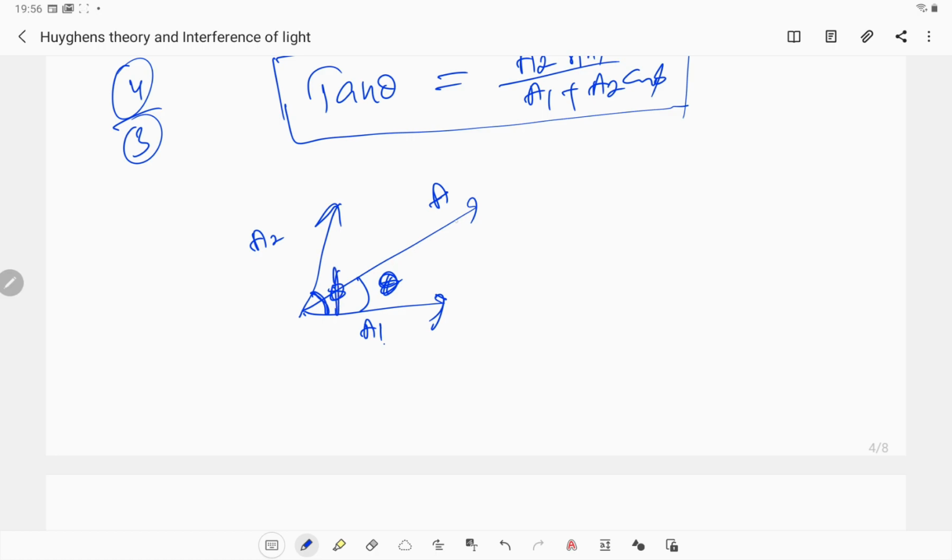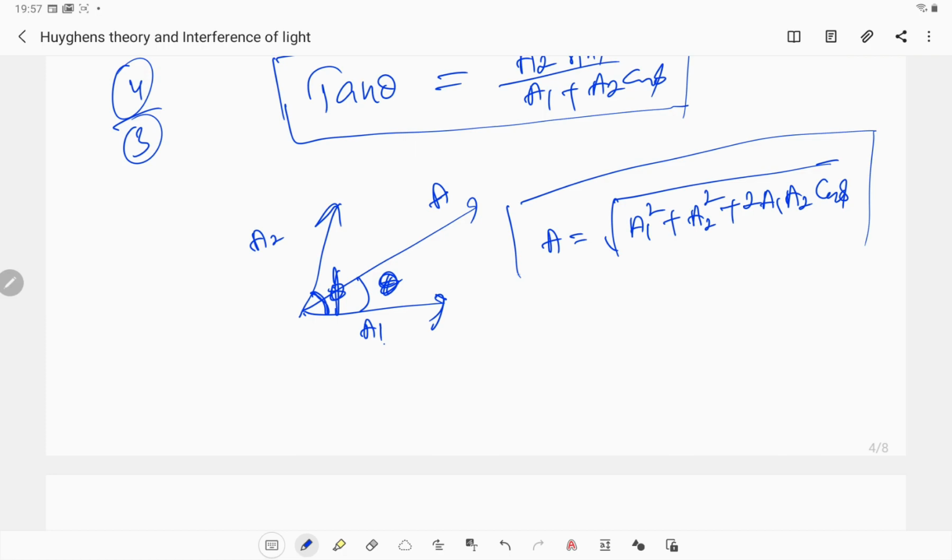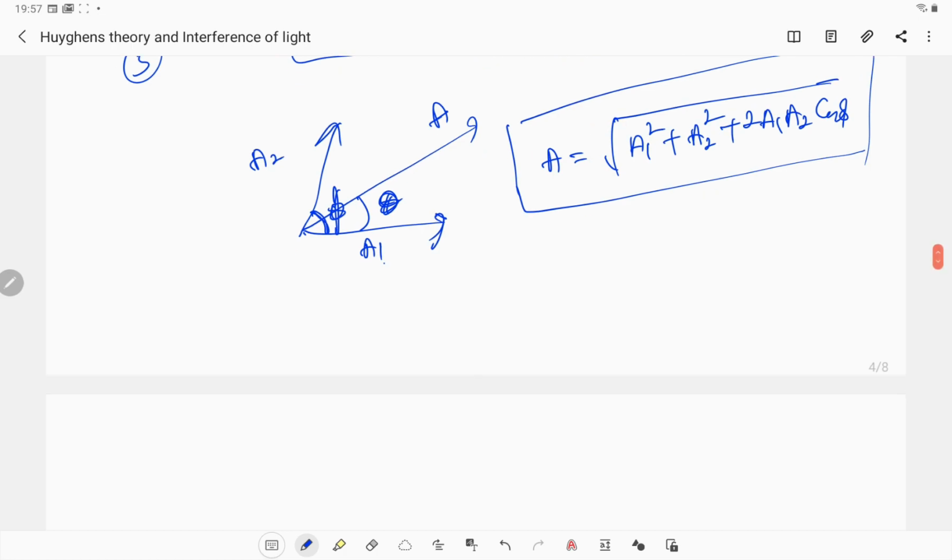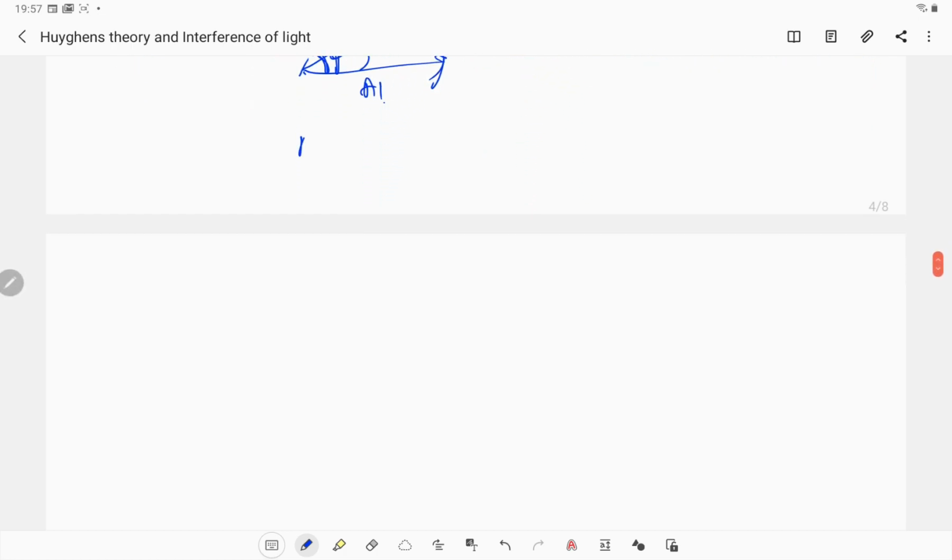Therefore, the resultant wave amplitude is very important. A is equal to the square root of a1² plus a2² plus 2a1a2 cos φ. This is the formula for resultant amplitude. You can also write A² is equal to a1² plus a2² plus 2a1a2 cos φ.